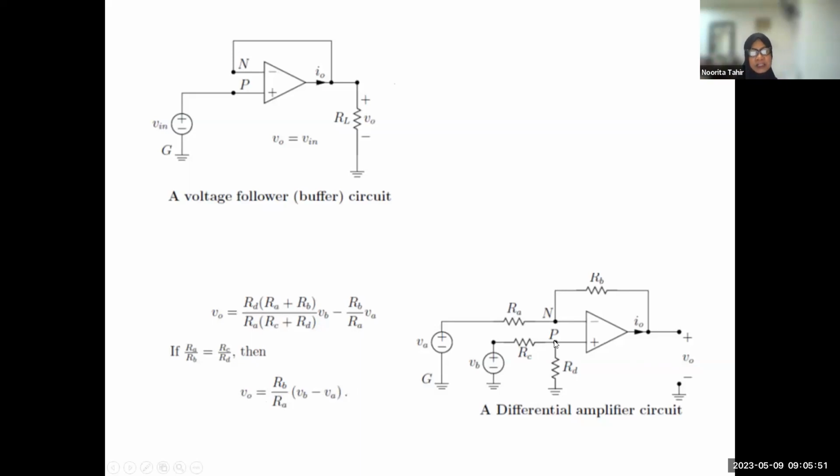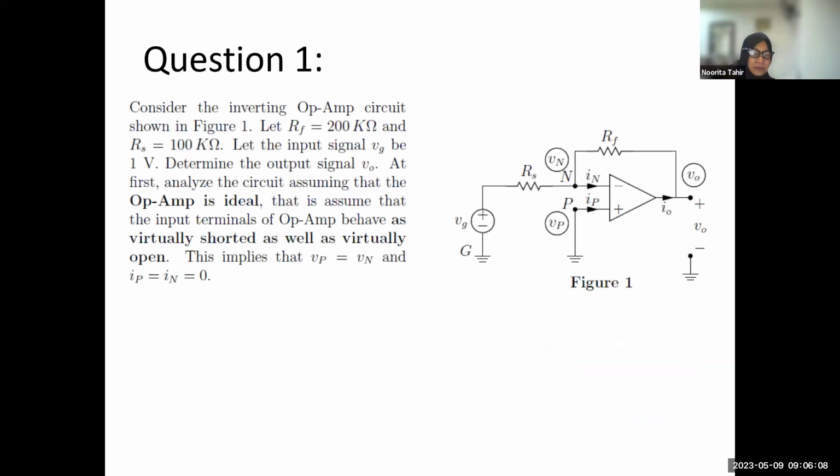It is from the voltage divider rule. And what is the point N here? We assume it is virtual ground. Virtual means that when we do the computation and derive the formula, we assume it is connected to ground. This is not a quiz yet, but I just want to refresh you.